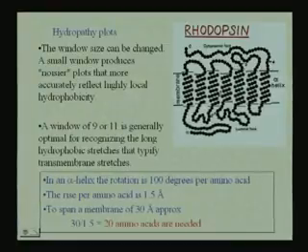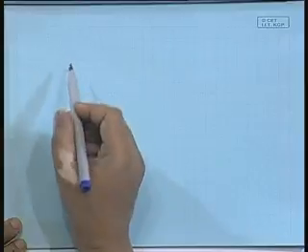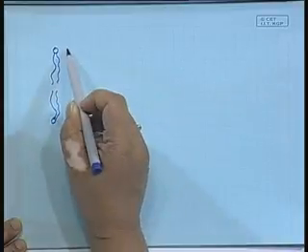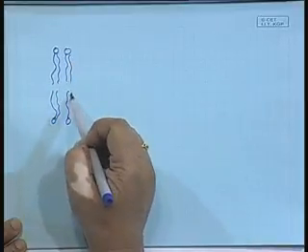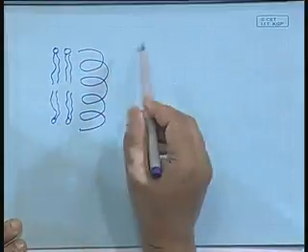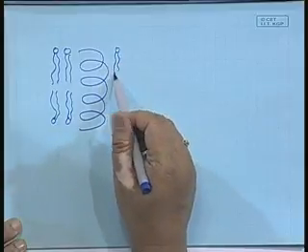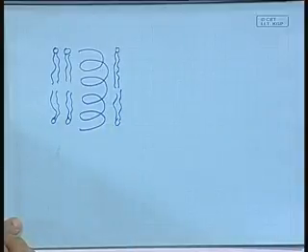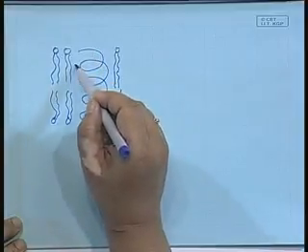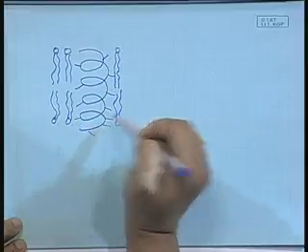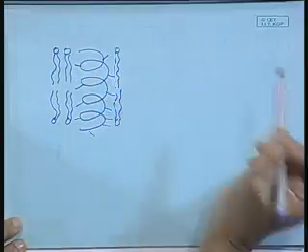So, this is my membrane, and I am spanning the membrane with a helix. What is the nature of the residues in this helix? They are hydrophobic in nature, right? All the side chains that are sticking out here are going to be hydrophobic in nature.